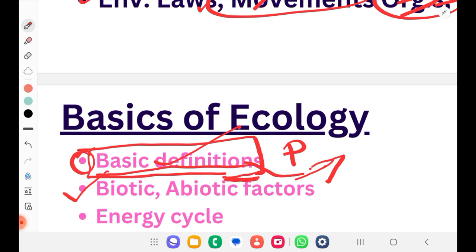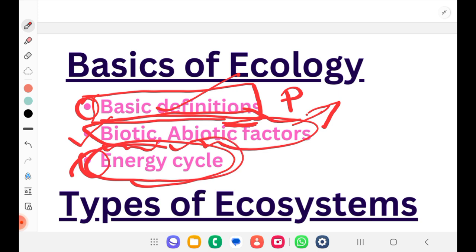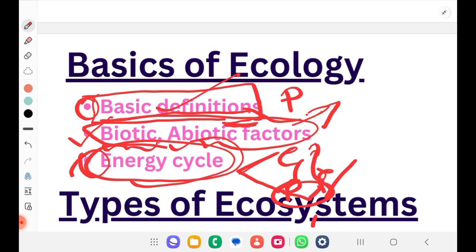Second, we are going for biotic and abiotic factors. We will see all those factors. Third, we will be studying energy cycles. These might be gaseous cycles, rock cycles or sedimentary cycles. Any of these cycles we will be covering under energy cycles.